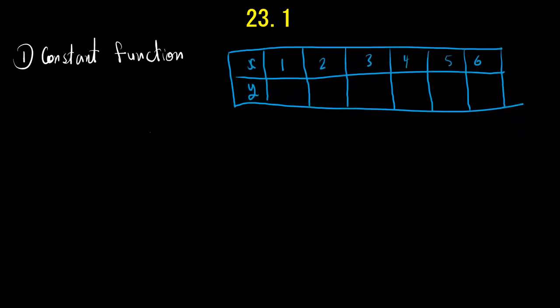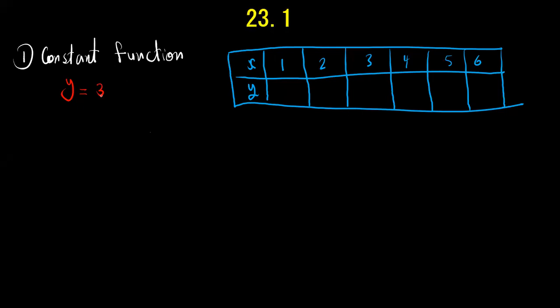Look at the first type of function we studied before, constant function. Constant function will be represented by this table. Look at this table. Constant function means y equal constant. Y equal a number like 3, for example.